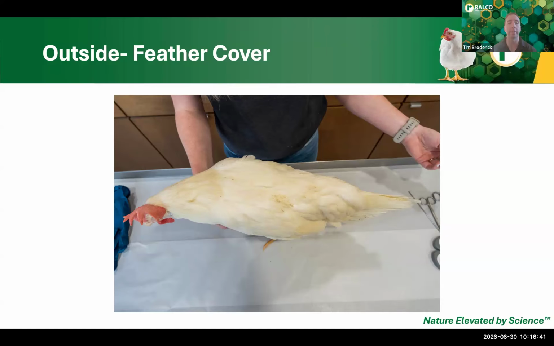We also see differences in general feather wear in caged environments versus non, as well as differences in picking and other behavior. So, with that in mind, as you can tell from the images, we're really looking at layers predominantly as an example, but there's obviously going to be some nuances for each.